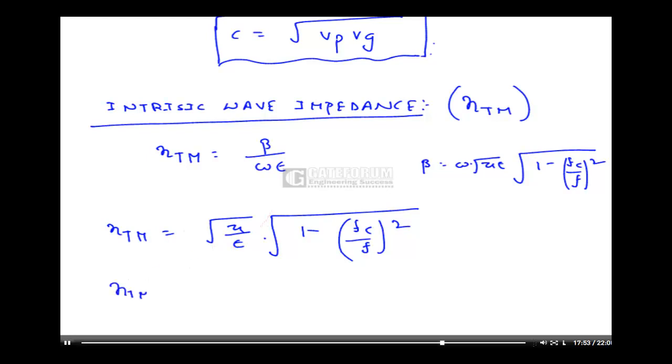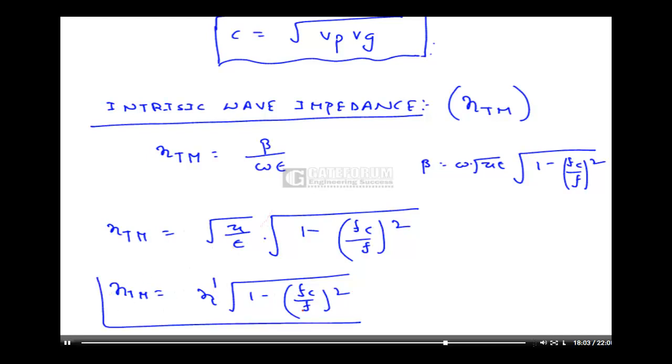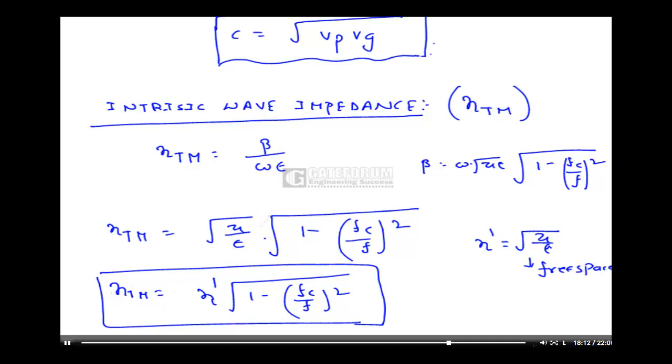I can represent this as eta TM is equal to eta dash into square root of 1 minus (fc by f) whole square, where eta dash is equal to square root of mu by epsilon, for free space or in general for a lossless dielectric.